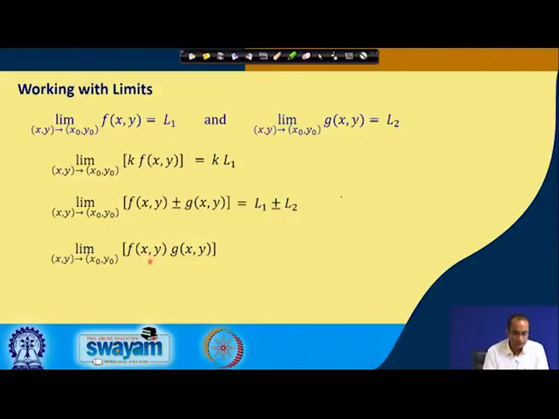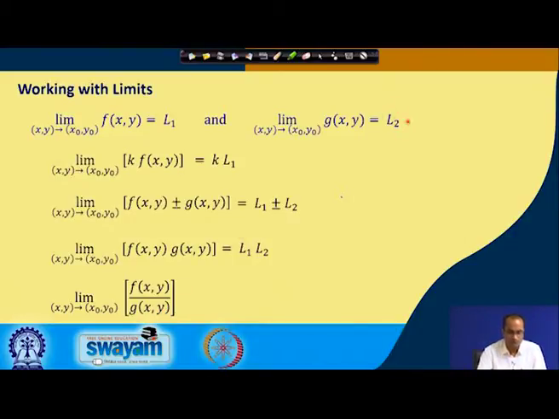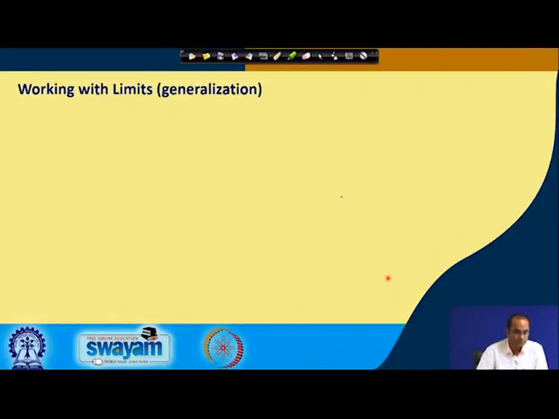Now we have the product of the two functions f(x,y) times g(x,y). This will be the product of L1 and L2. If we have the quotient f(x,y) over g(x,y), in this case L2 must not be 0, because we cannot divide by 0. So if L2 is not 0, then this limit will be L1 over L2, provided L2 is not equal to 0.